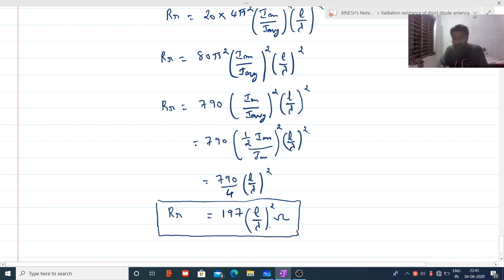Thus for a short dipole, that is without end loading, radiation resistance is given by this equation.